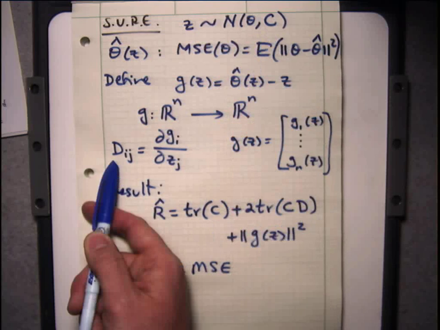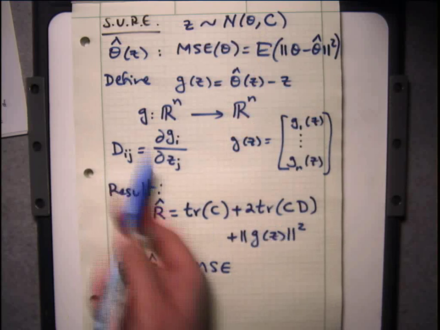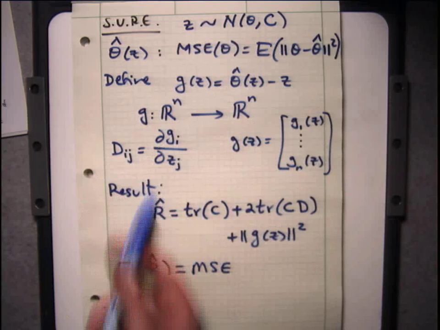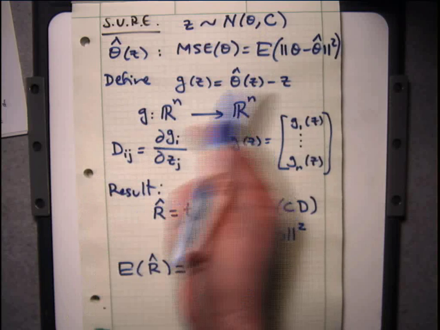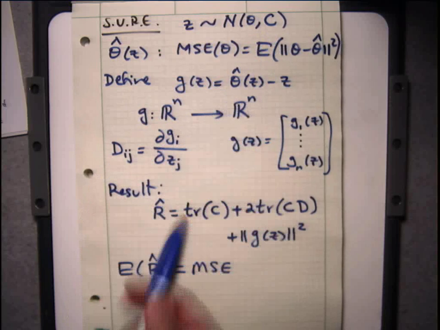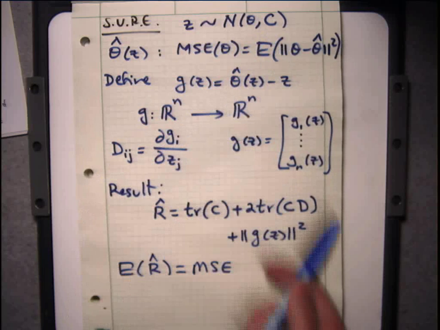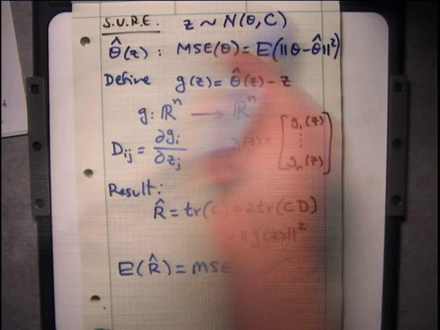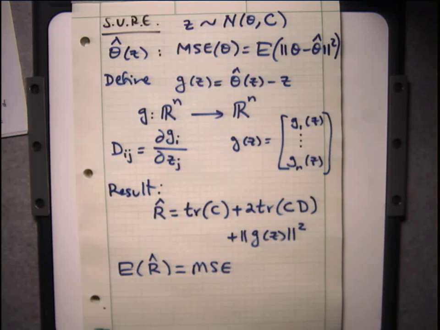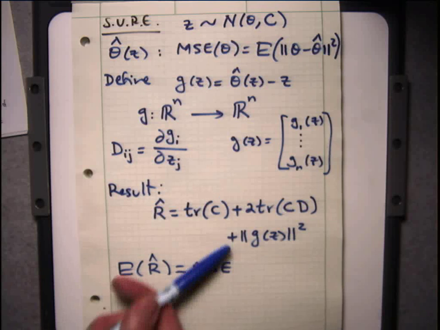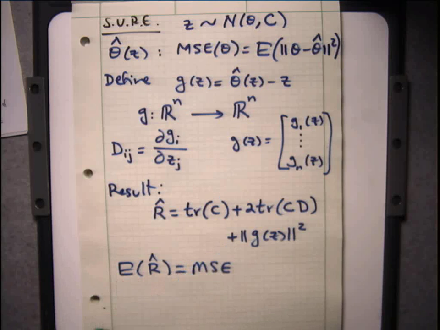You know D. D is just the derivative of these functions g. And g you know, right? It's just the difference between these. So this right-hand side, amazingly, does not depend on theta.